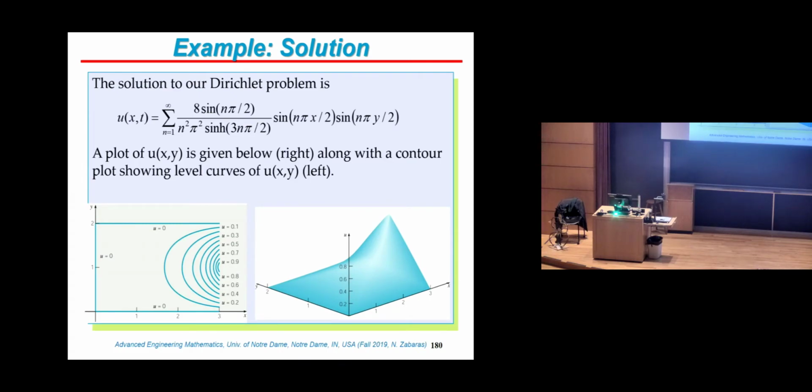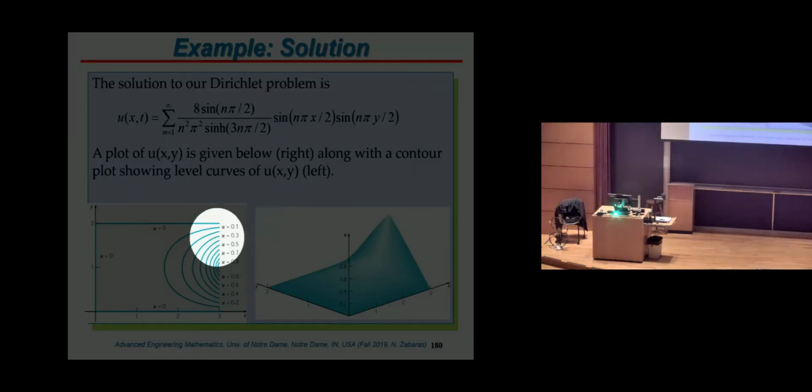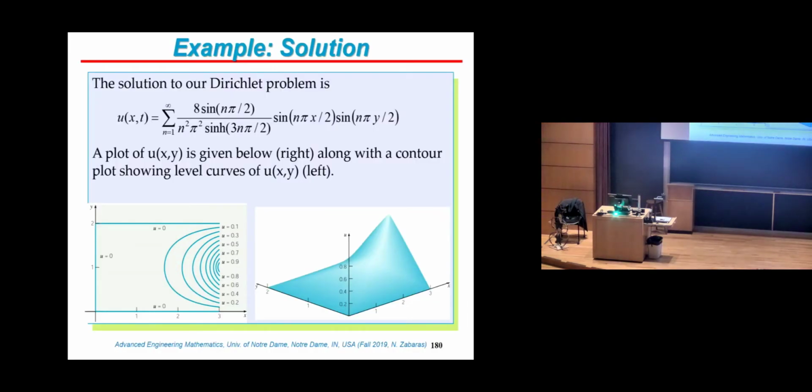The solution looks like a steady state heat conduction, like putting the triangular function on this boundary. The steady state temperature contours look like what you see on the left, and on the right you have a 3D version of this.